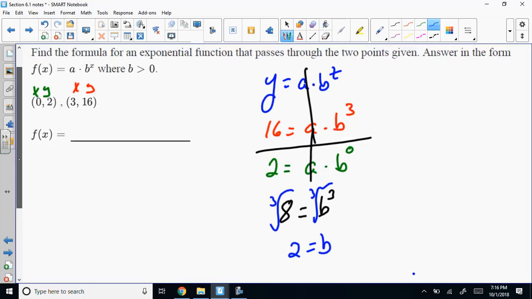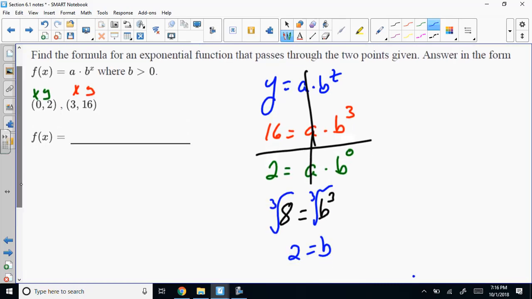Now we need to find a, right? A is the y value when x equals 0. It's the initial value, the zero term, that's what they say.